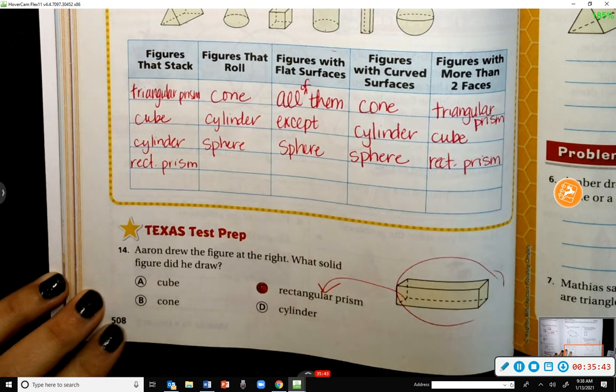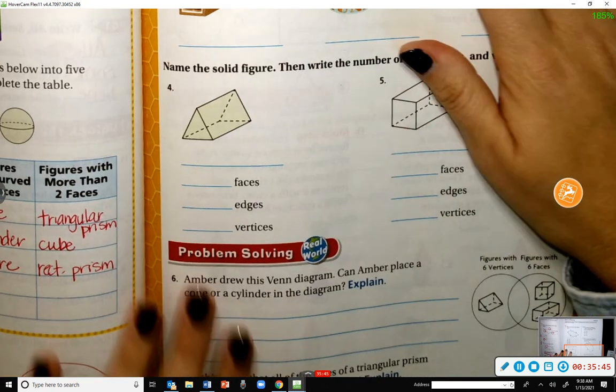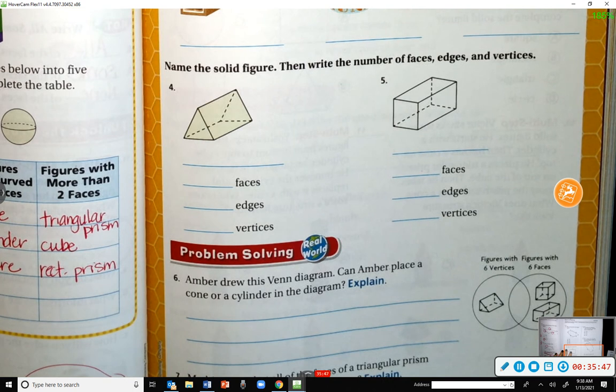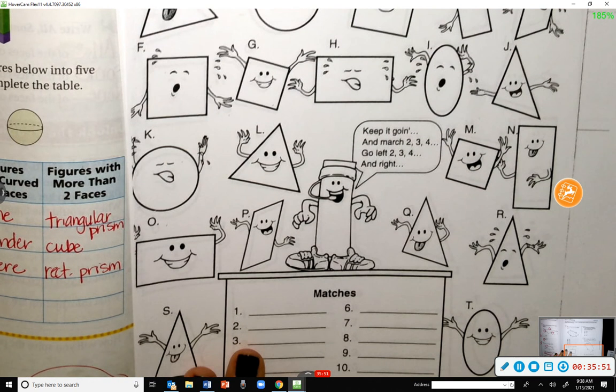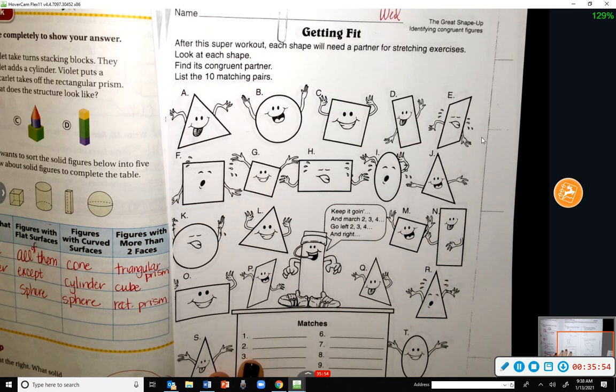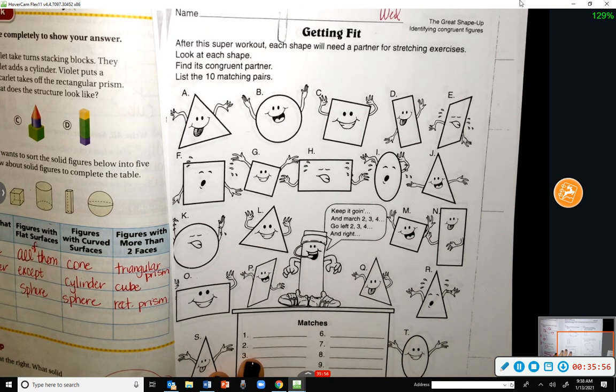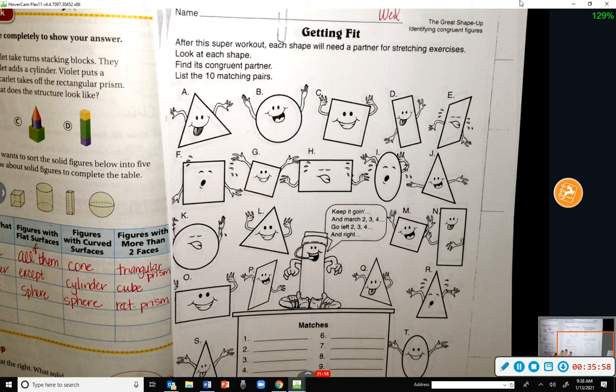So what you guys are going to do now, you're going to tear this page out and complete that. And then I want you to do, this won't take you very long, you're going to try to find the matches. And your job is to find shapes that are congruent. We learned about congruent shapes yesterday. Who can tell me what congruent means?